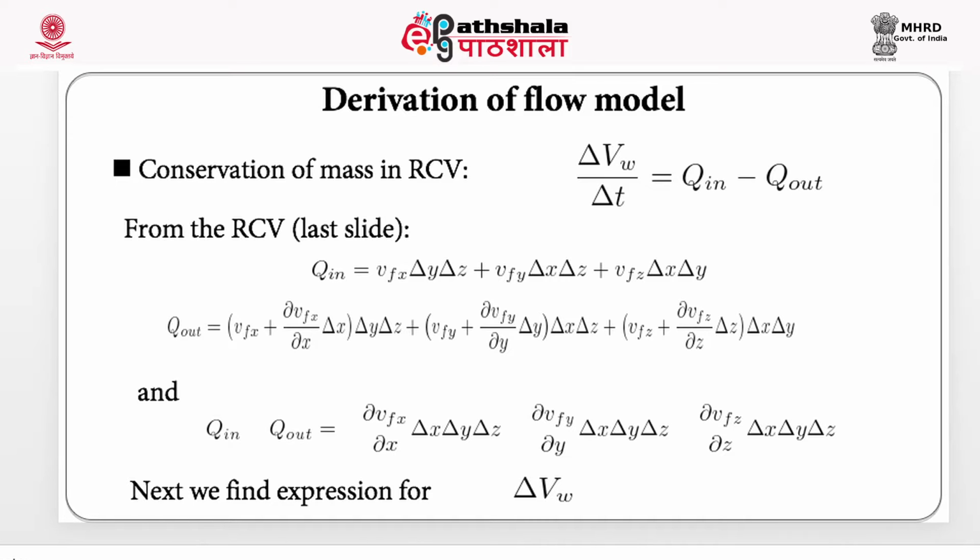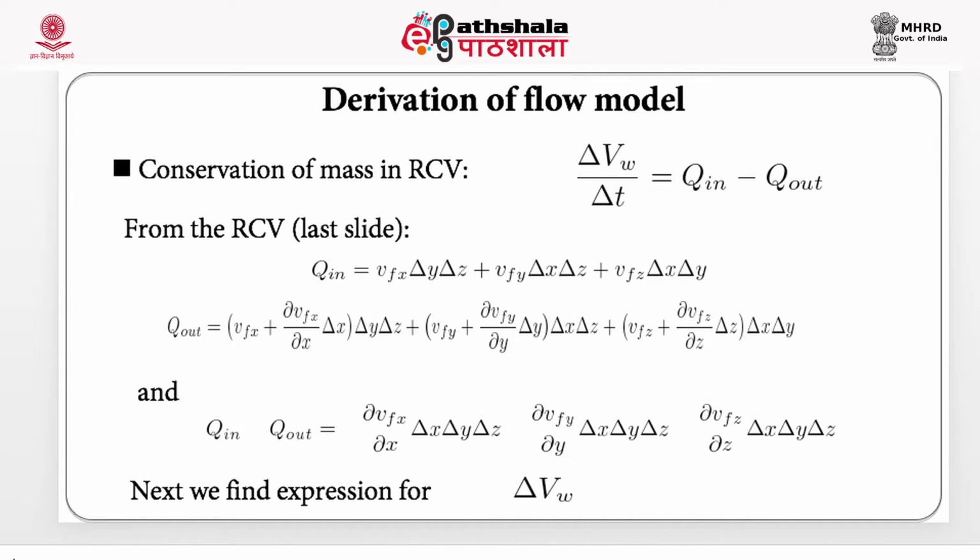Now we have, from the conservation of mass model, Vw, Q in, Q out. Now we put them together, and when we do that, we get an expression as you can see on the screen, that is Ss delta h by delta t equals negative partial Vfx by partial dx, and it continues.